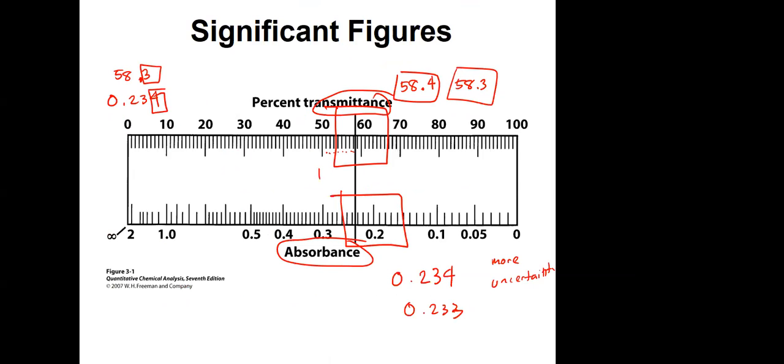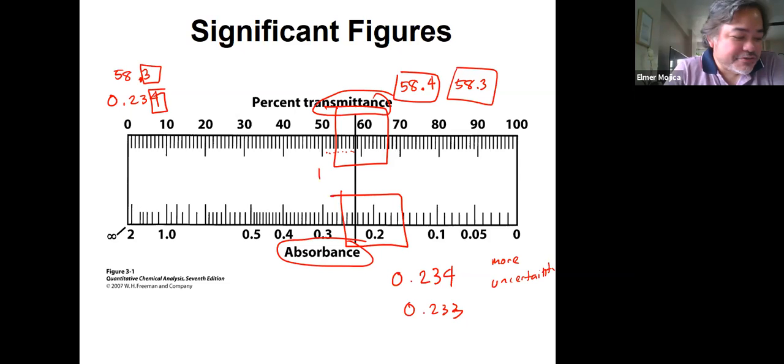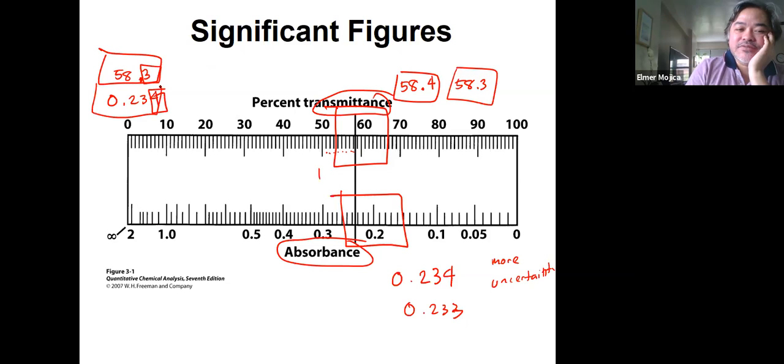The 0.4 or the 0.004 or the 0.3? That's how you answer the question, which has more uncertainty. Because this is a bigger number than this one.